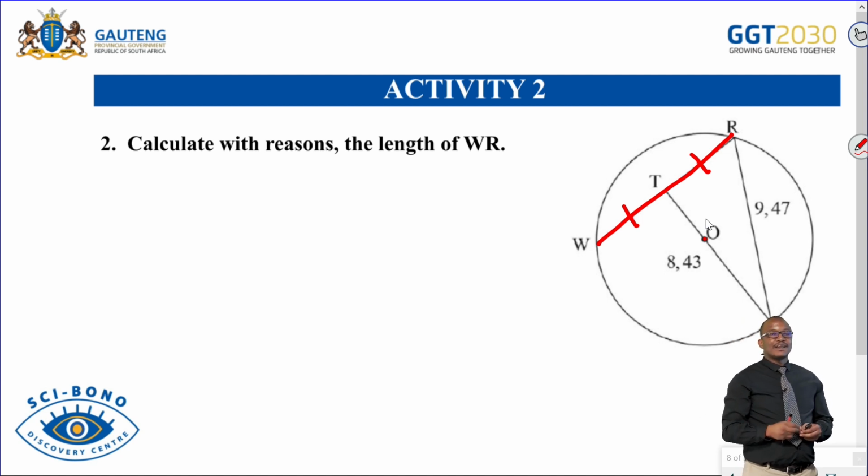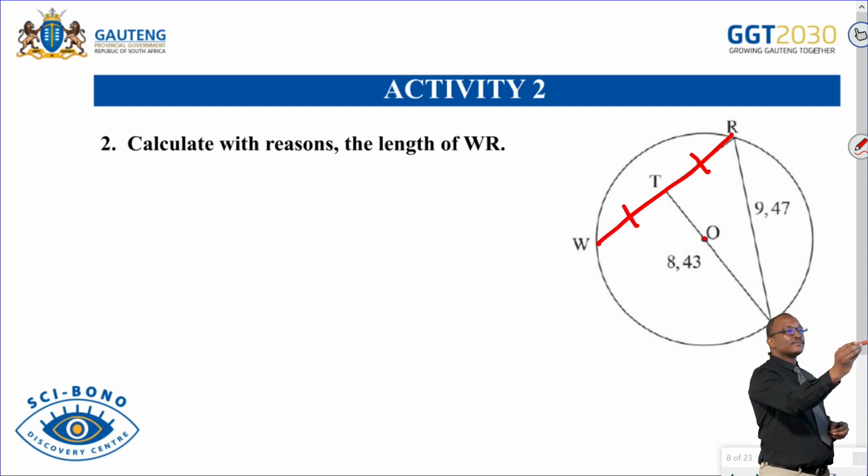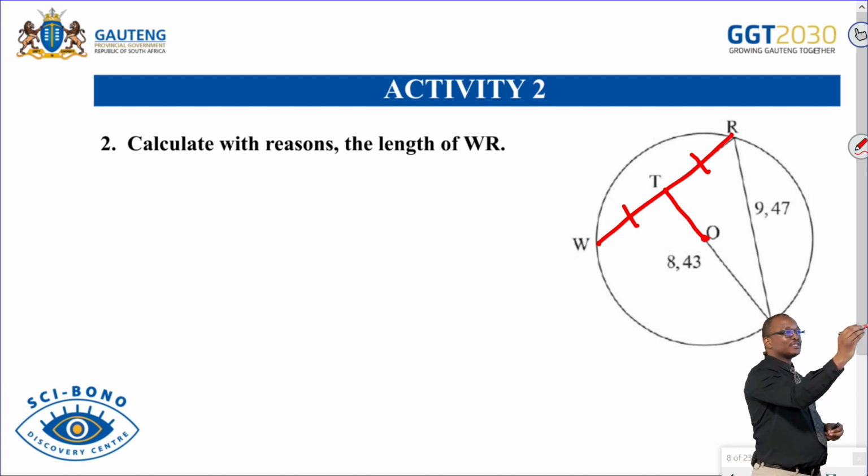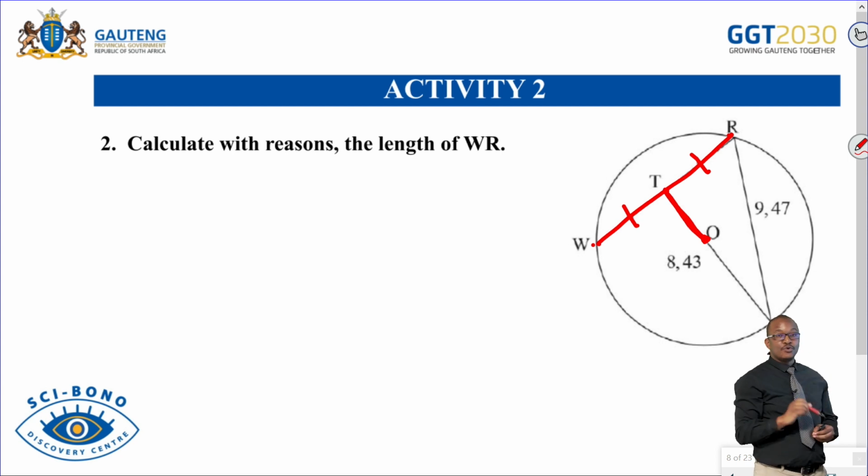We must remember our theorem that says if you have a line from the center to the midpoint of a chord, then it will be perpendicular to the chord. Remember, when you say midpoint, it is given that WT and TR are equal. It means this line from O to T is going straight to the midpoint of that line.